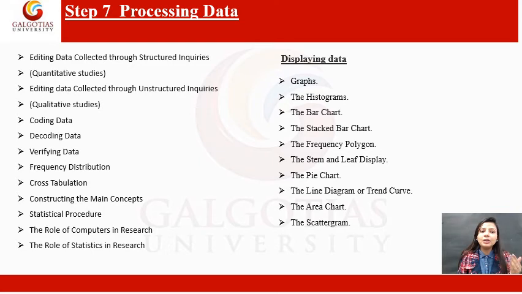These are the things under processing data. After that editing, there is displaying data. All the collected data after processing is displayed in the form of graphs, histograms, bar charts, stacked bar charts, frequency polygon, stem and leaf display, pie chart, slide diagram, area chart and stadigram.